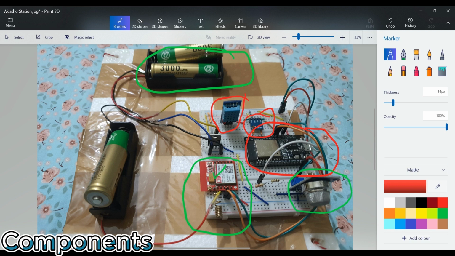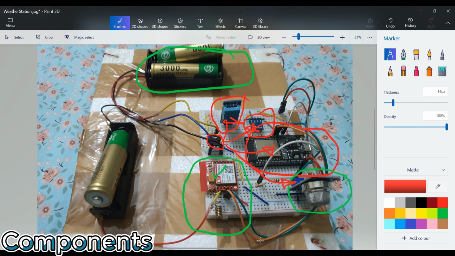So I had to step down this 8 volts using the LM7805 linear voltage regulator, and the output of the LM7805 linear voltage regulator has been fed to the ESP32 board, to the BMP180, to the DHT11 and to the MQ2 gas sensor.